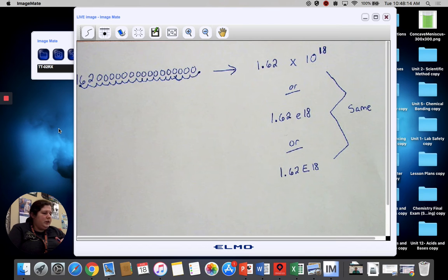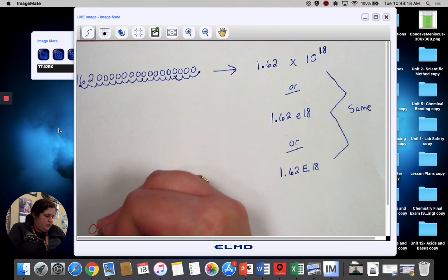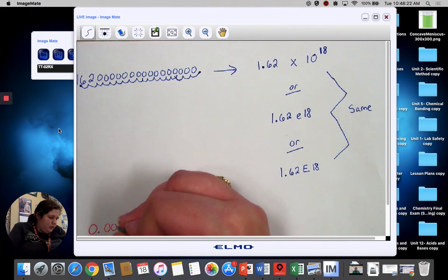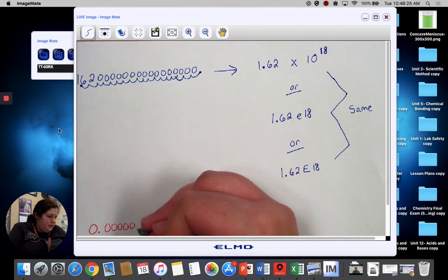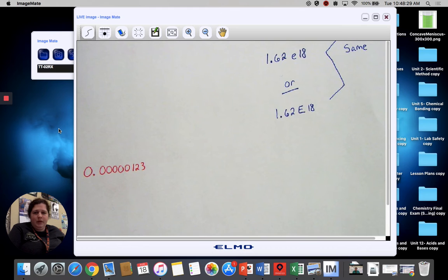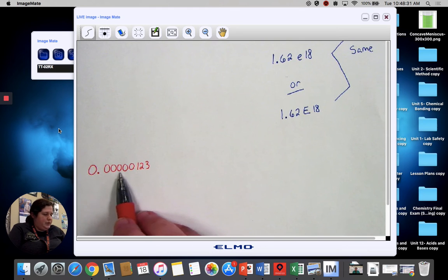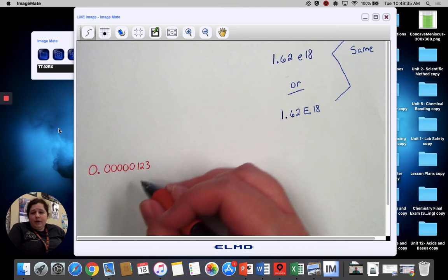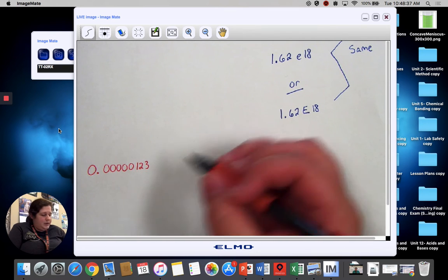Okay, let's do one more with that. So let's have 0.12345, 1, 2, 3, 4, 5 zeros, and then 1, 2, 3. Okay. So 0.000000123. This is a very, very small number that I really don't want to have to write all day.